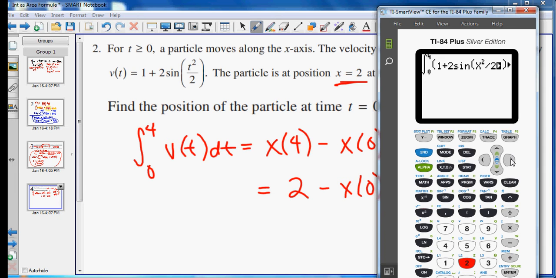And put in dx. Actually, I do need to close the parenthesis there. There we go. Closing the sine parenthesis because the other one is for the whole integral. And I put dx. 1 plus 2 sine of x squared over 2 dx. I plug this in. I get 5.815.